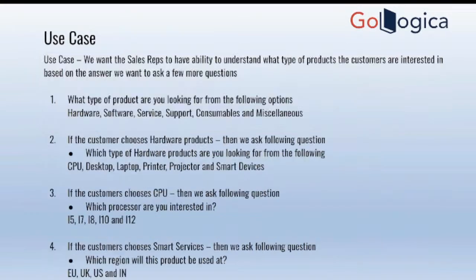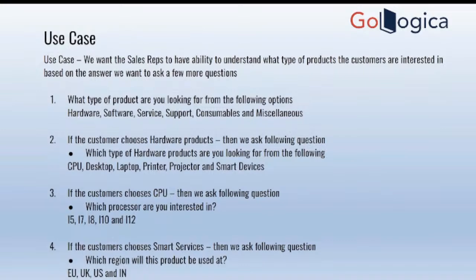So in the use case, we want the sales team to have the ability to understand what type of products the customers are interested in, based on the answers we want to ask. If a company has a product line of hardware, software, services, and support, so if they are selling laptops or desktops, there could be options for hardware and software.